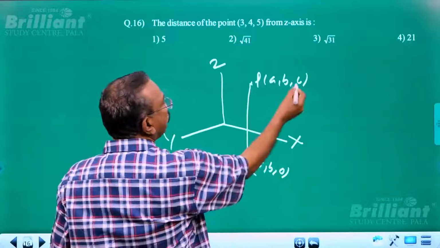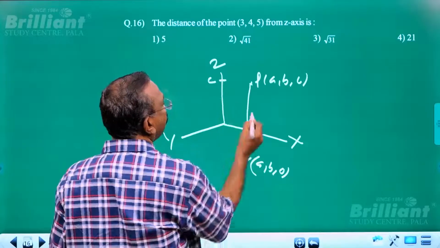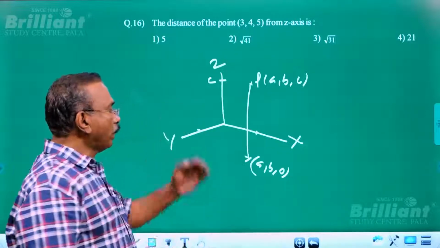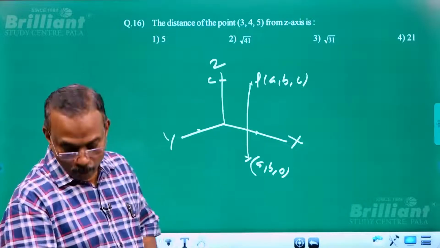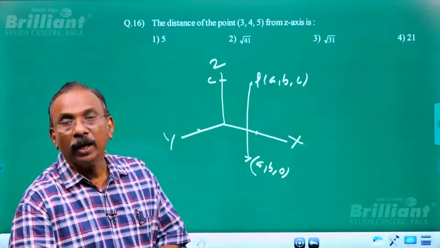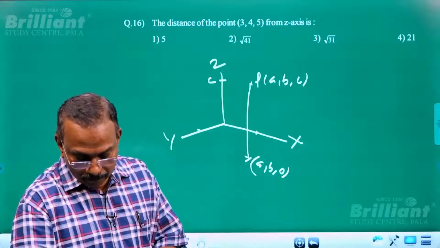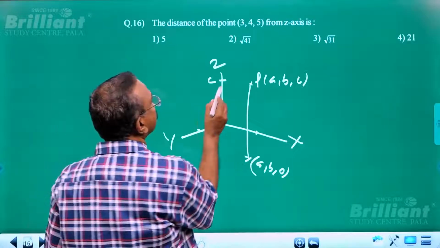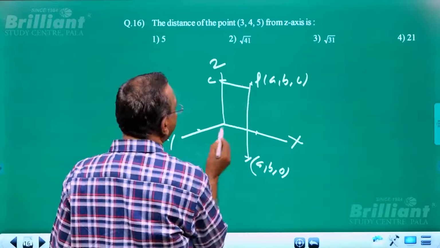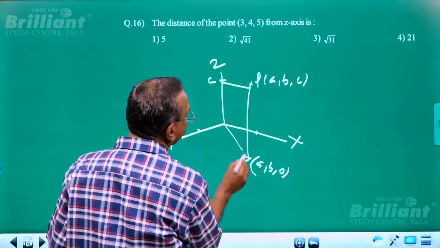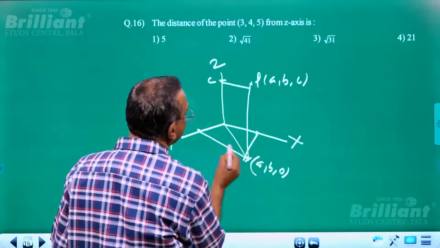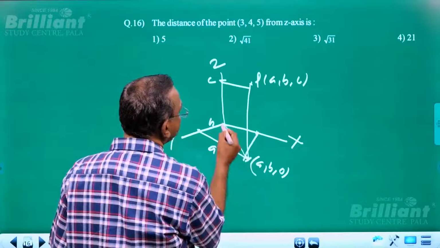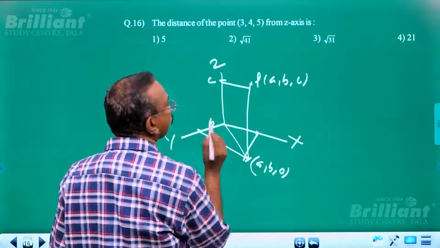You know, Z corresponds here, and A corresponds to this, and B is there. So you want to find the distance between those two, the distance of the point from the Z axis. So this length is required. So we can find this: here it is equal to A and this length is B. So the distance of the line is root of A square plus B square.